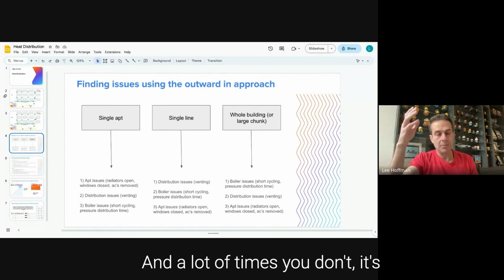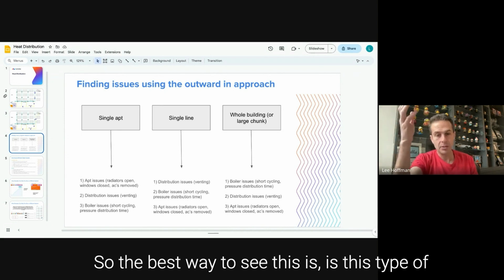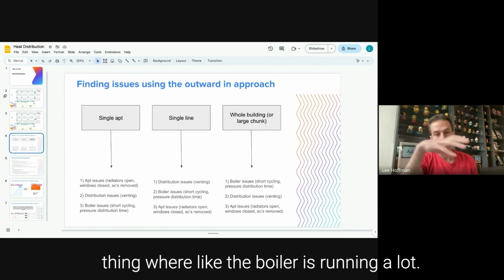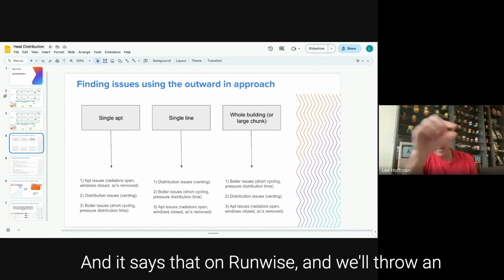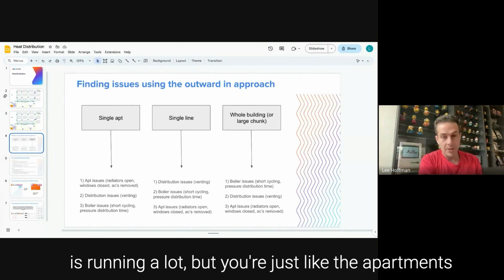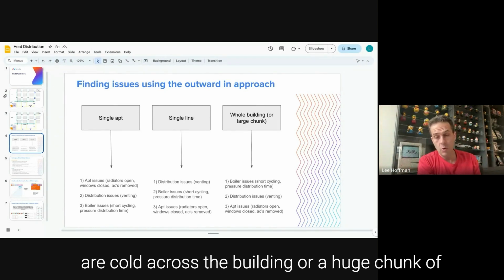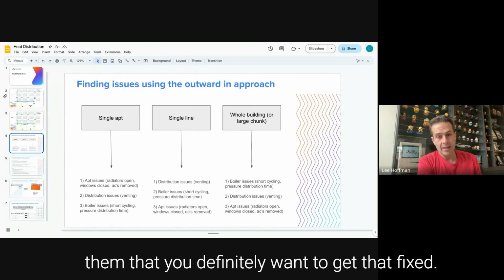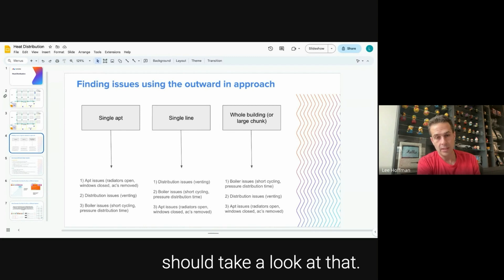A lot of times it's hard to know this is happening. The best way to see it is when the boiler's running a lot, as it shows on Runwise, and we'll usually throw an alert when we detect this, but the apartments are cold across the building or a huge chunk of them. You definitely want to get that fixed. Your boiler service company should take a look at that.